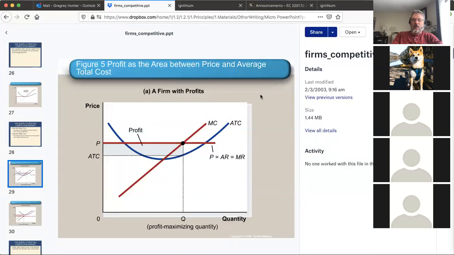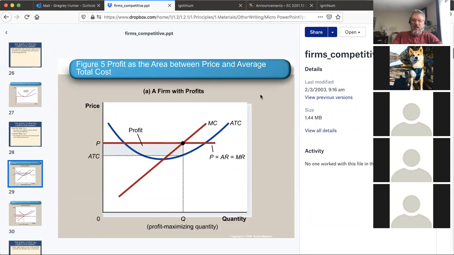Okay, so that means that we can write profit as equal to, and I'll just be explicit, P times Q, right? And then notice that we can also write total cost as average total cost times Q. So that's one way that we can write profit.